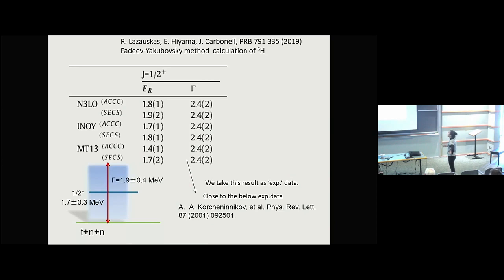And this is the energy, okay? The energy is around 1.7 to 1.89 MeV with respect to the t+n breakup threshold, and the decay width is around 2.4 MeV. So now we take this theoretical result as experimental data.